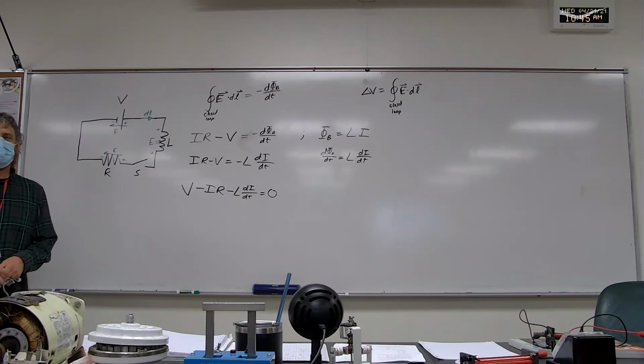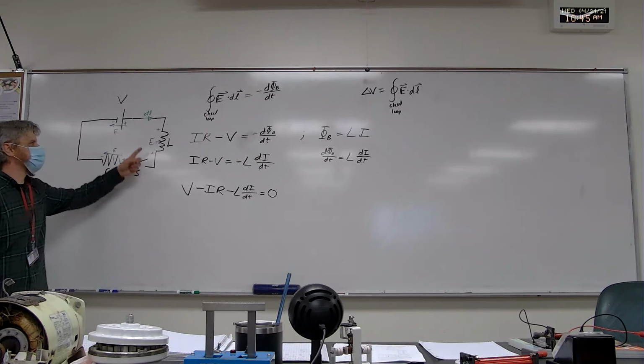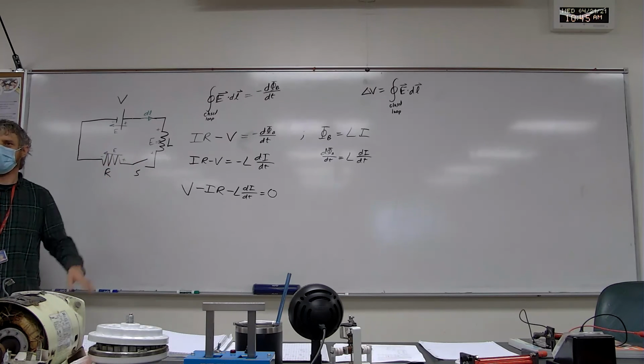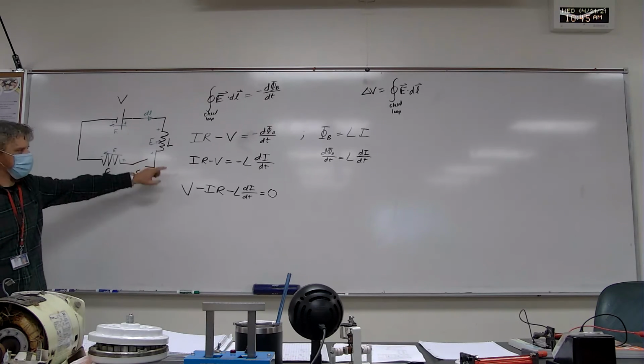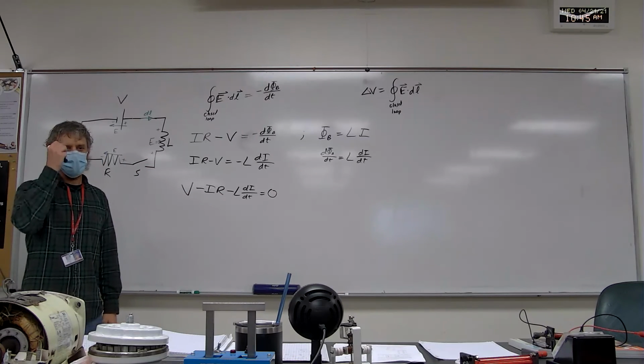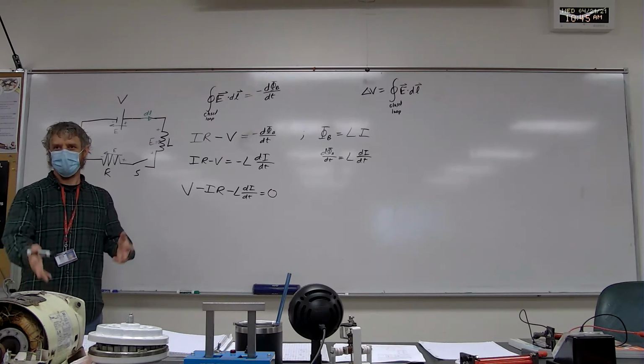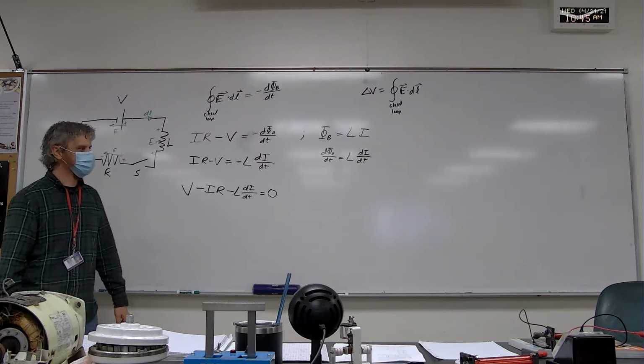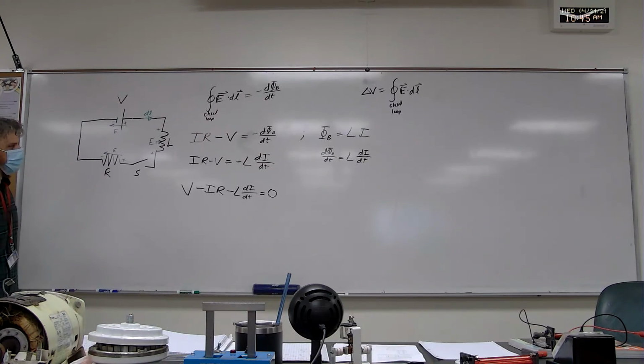Some teachers will tell you to just assume there's a potential difference across L and call it L di dt. But not you, Mr. Graham. Well, because not Walter Lewin, who I based my notes off of. It's not because I'm a genius or anything.